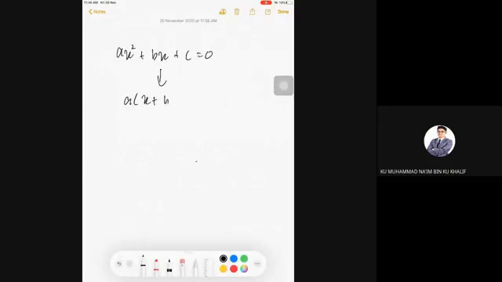Sorry, this one should be minus, right? Minus H plus K. Let's use D. So I put D here. D and E. So to get D, you just put B over 2A, and then for E, the short way is B squared over 4A.